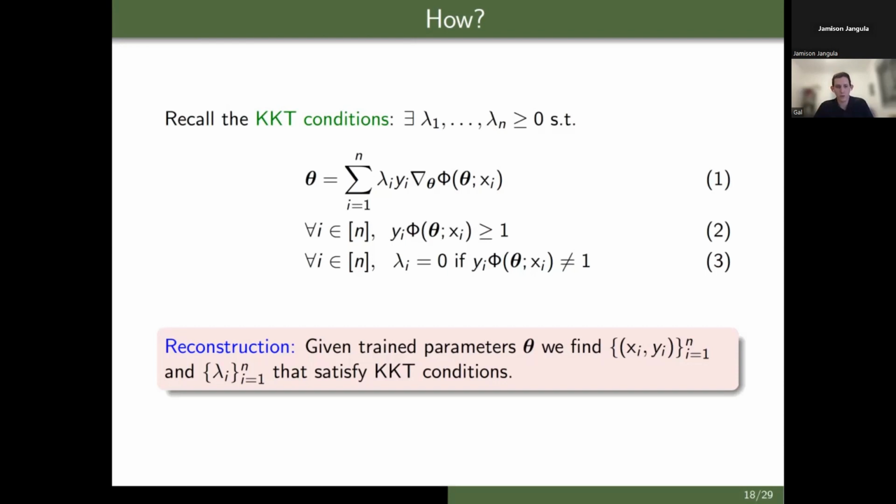Now, when we want to reconstruct training data, we are given the parameters theta of the trained network, but we do not know the data set. And we want to find a data set that satisfies these equations with respect to the given parameters. So in a sense, we are doing the reverse process to the process which is done during training.